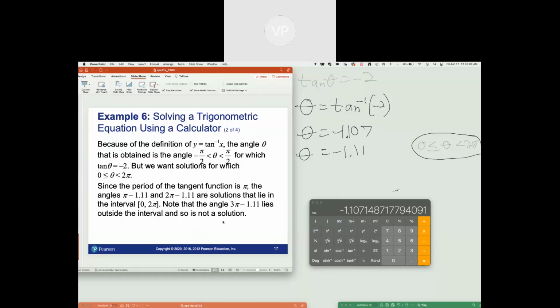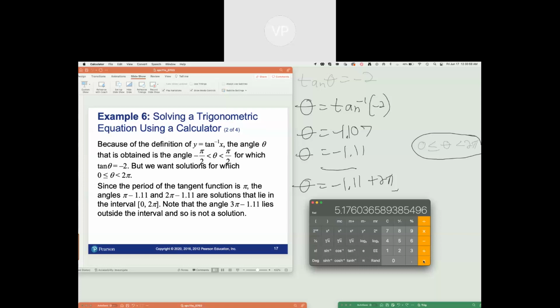Making sure they did this right. Yep, they did it. We're going to take this, because this is out of bounds, and add 2 pi to that. And you can do that right here on your calculator. You just leave that on the screen. Let's add 2 times pi.